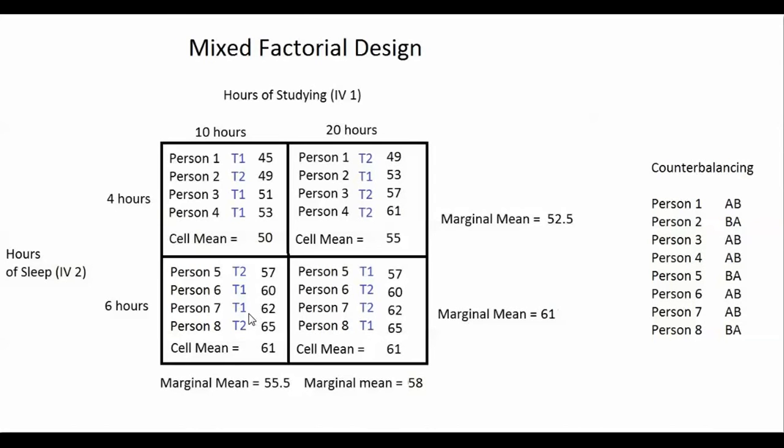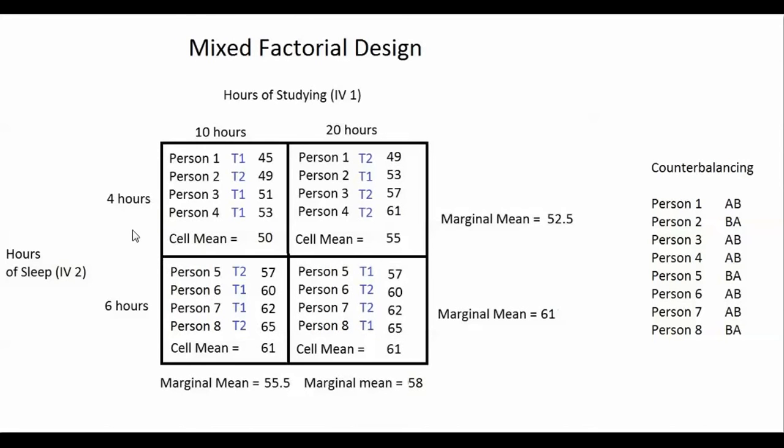So let's look at some other people down here. In the 6-hour condition, person 7 was assigned to the AB order, because this score was time 1, this score was time 2. Person 8 was assigned to BA, because this score was time 1, this was time 2.